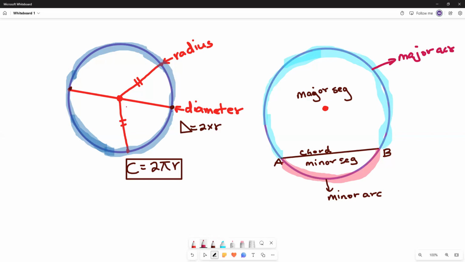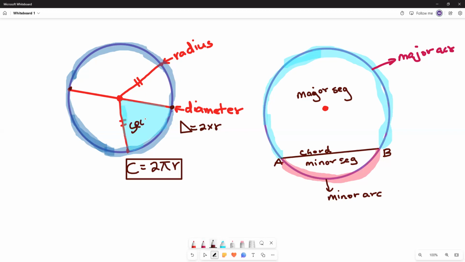And then this part here. You see this part here? The part between two radiuses, it has a special name as well. The space or the area enclosed by the two radiuses is called a sector.